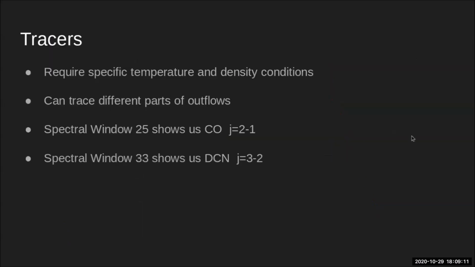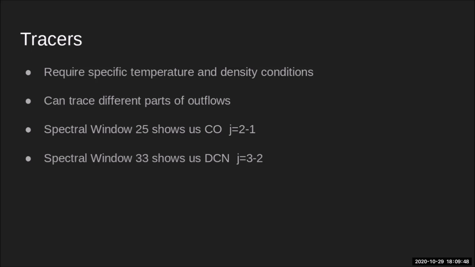So now we go on to tracers. Tracers are the different molecules that are used to track different parts of this system. So, for example, the disk may have different molecules comprising it than a part of the outflow. And knowing this and the fact that we can only see these tracers at specific temperature and density conditions because we are looking at their transition lines.